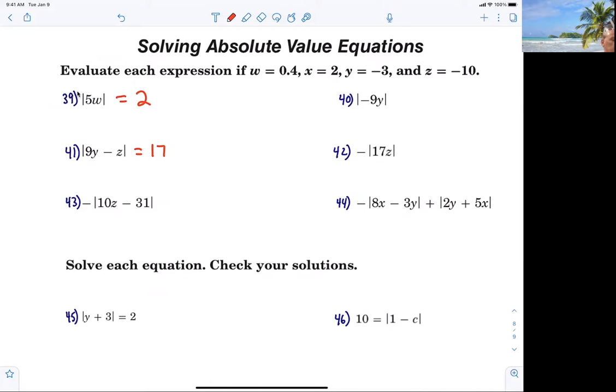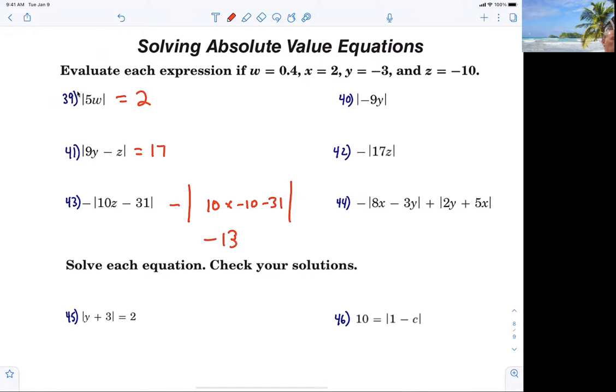Let's just practice. Type in negative and then go to math. Click over to the right one and then hit enter. Absolute value comes in. 10 times what's Z? Negative 10 minus 31. Then hit enter and tell me the answer.